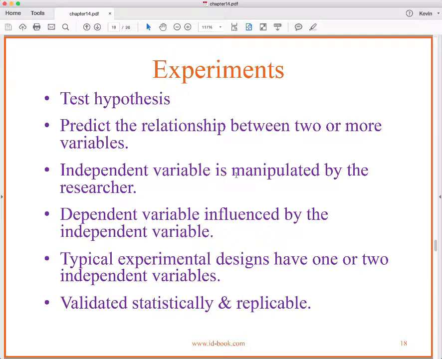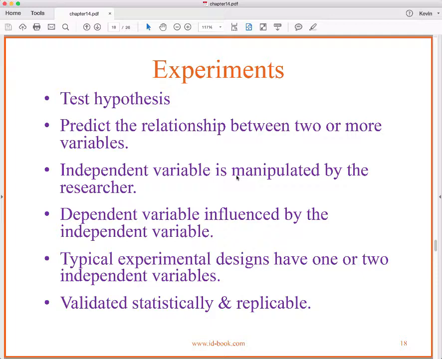So the researcher is going to control some condition, okay, that we're able to measure. So that's what we're calling a variable. And the result of the experiment is going to be some outcome that we are able to measure. And we're going to look for a relationship between the independent and the dependent variables that has some kind of a pattern, we hope.